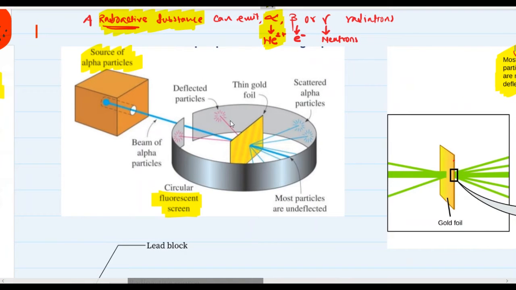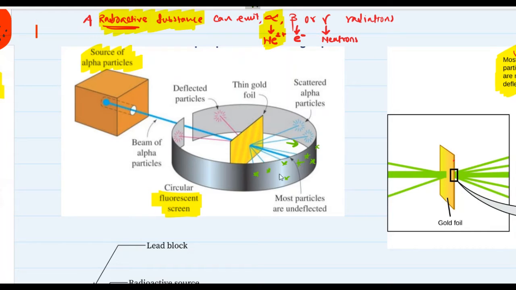But what he saw was, since the alpha particles were continuously emitted on this gold foil, and everything was in place, and this experiment was done for a considerable amount of time, Rutherford observed that there were these shining dots which were seen here on the screen, on the other side, from this side.